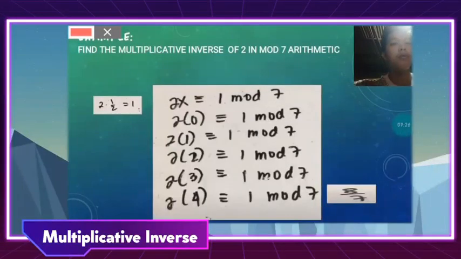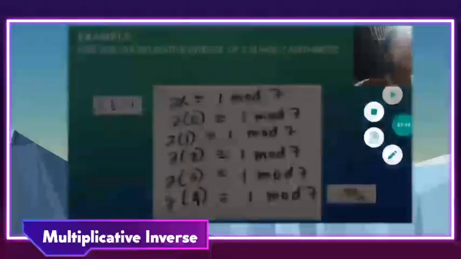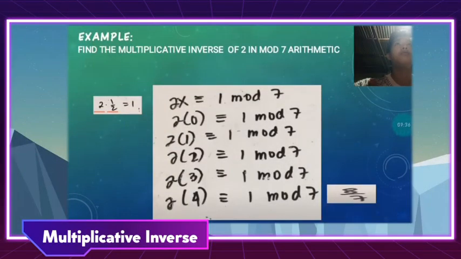In this example, this is the value of x, the inverse of 2 that we are looking for. And then, when you divide this by the modulus, the remainder will be equal to 1. So that we can say that x is the multiplicative inverse of 2.